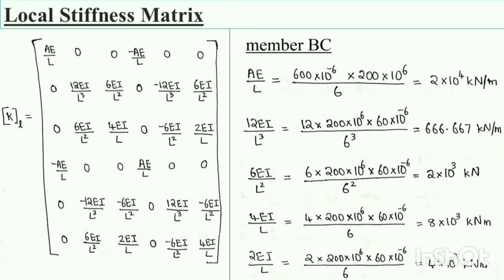So substituting these values in the local stiffness matrix, you will get the local stiffness matrix for AB and BC.